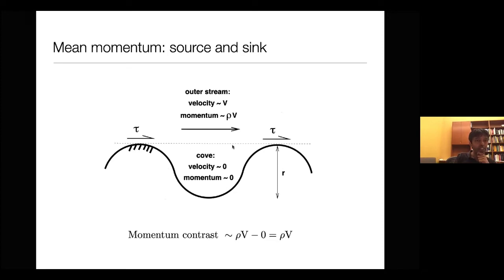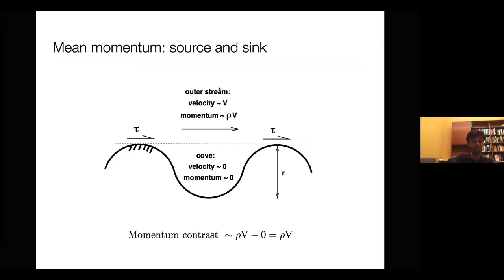So the mean velocity in this region, which I'll call the cove, which is sheltered by the roughness, is quite small. On the other hand, away from the roughness, there is a mean velocity like a highway with the cars passing through, where the velocity is higher. Of course, there's a whole velocity profile going from 0 to higher values all the way up to the center line. But as another level of drastic simplification, I'm going to take this whole mean velocity outside to be a single block that's moving from left to right.